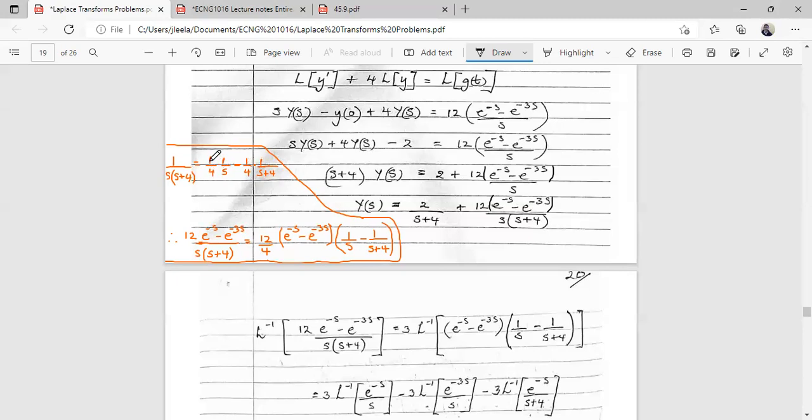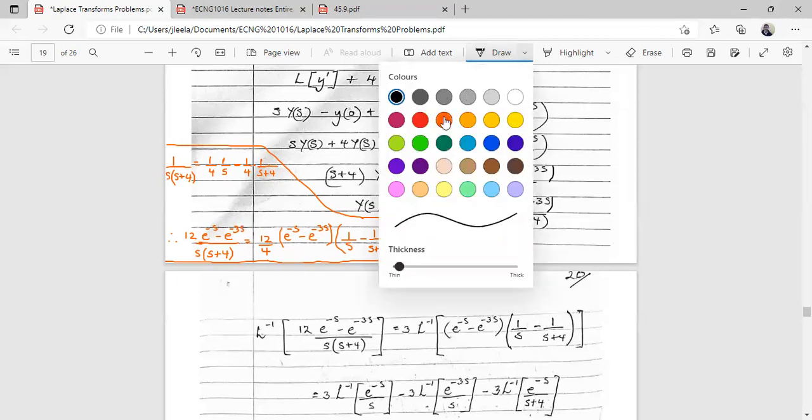So we rewrite it here: a quarter times 1 over s minus a quarter times 1 over s plus 4, right? But remember now, the top must be multiplied by 12 (e to the minus s minus e to the minus 3s). So we have to cater for that now.